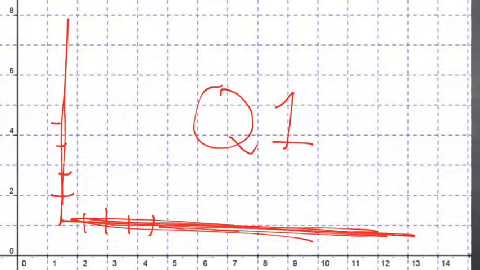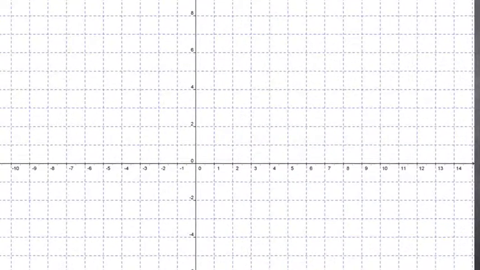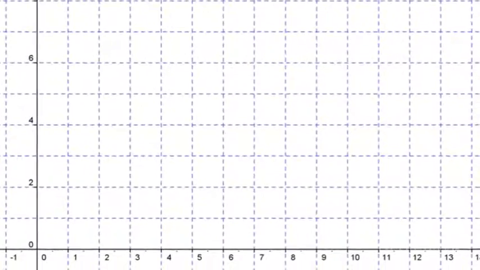Let me erase all that, come over here, and put a brand new coordinate plane. So the thing is, this is where we were in quadrant 1 world, right?